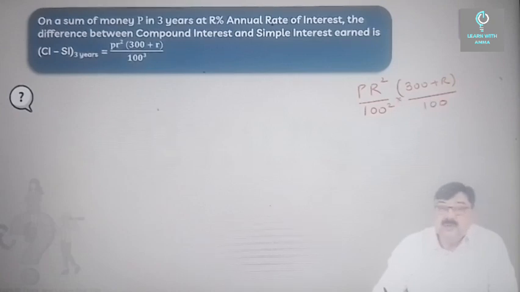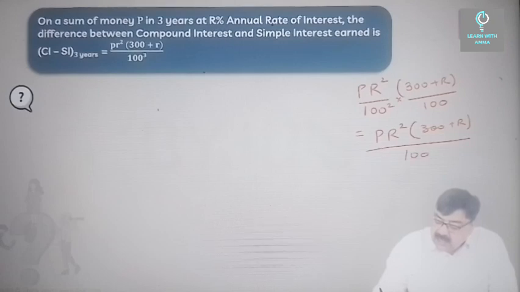You just multiply these two. So in such a case, you arrive at the formula PR square into 300 plus R by 100 cube. This 100 square is being multiplied with this 100. Okay, and that is the formula to find out the difference between compound interest and simple interest for 3 years.